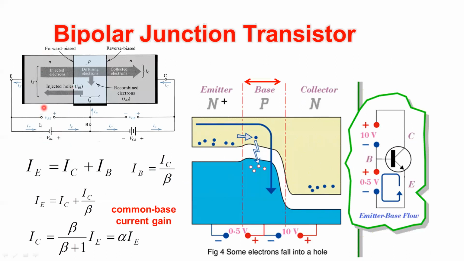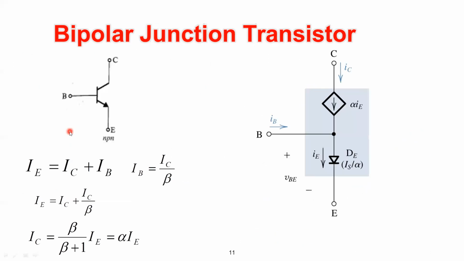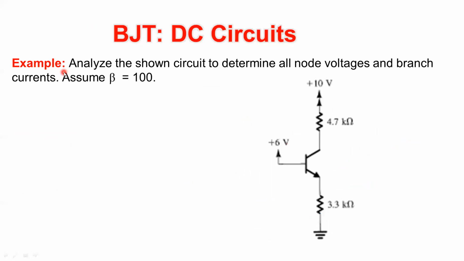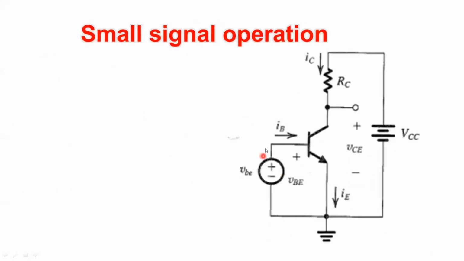If this base emitter junction is reverse, then you are working in the cutoff mode. So as a first step, this voltage should be greater than the built-in potential, which is typically 0.7. However, this is a typical AC voltage, which fluctuates between a positive half cycle and a negative half cycle. So in the negative half cycle, your BJT will be off by default.